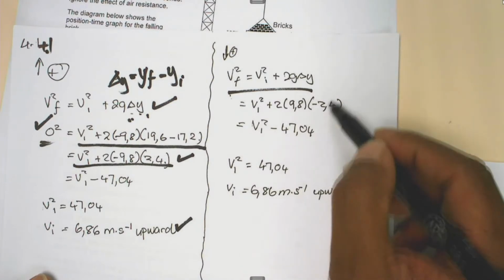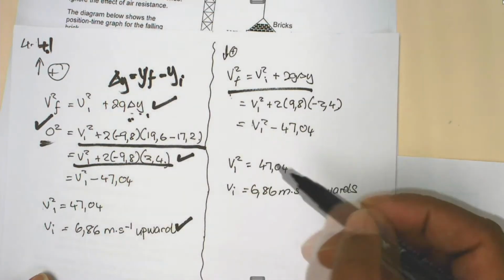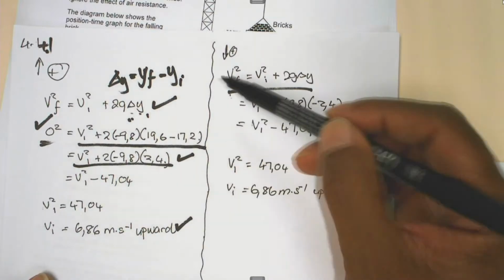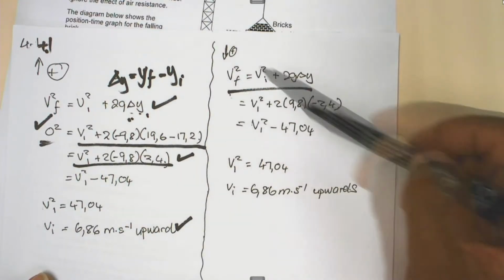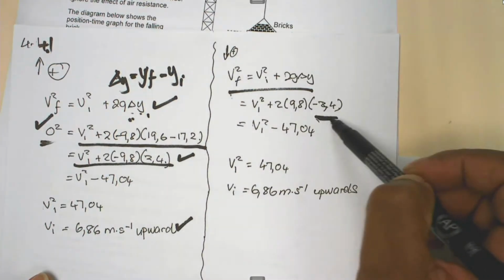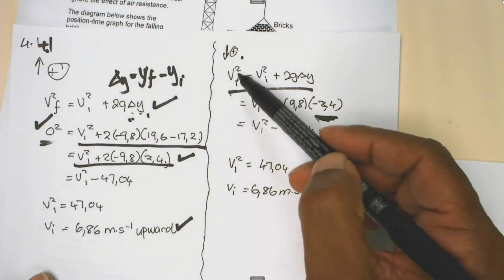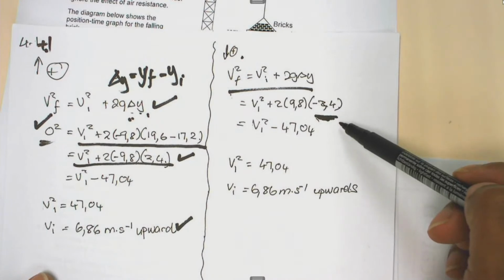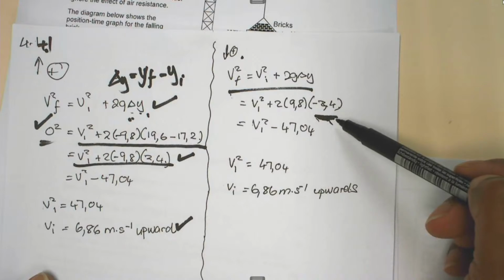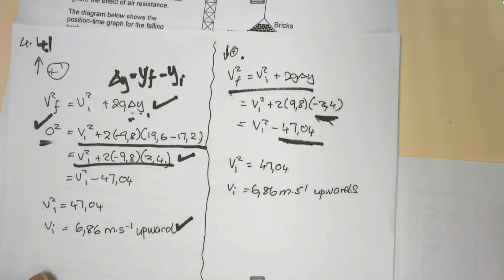But the object itself is still going up, and up is going to be negative here, because the positive is when it was going down. So our object goes upward, that value needs to be negative, and when we multiply we end up with this value here of 49,4.